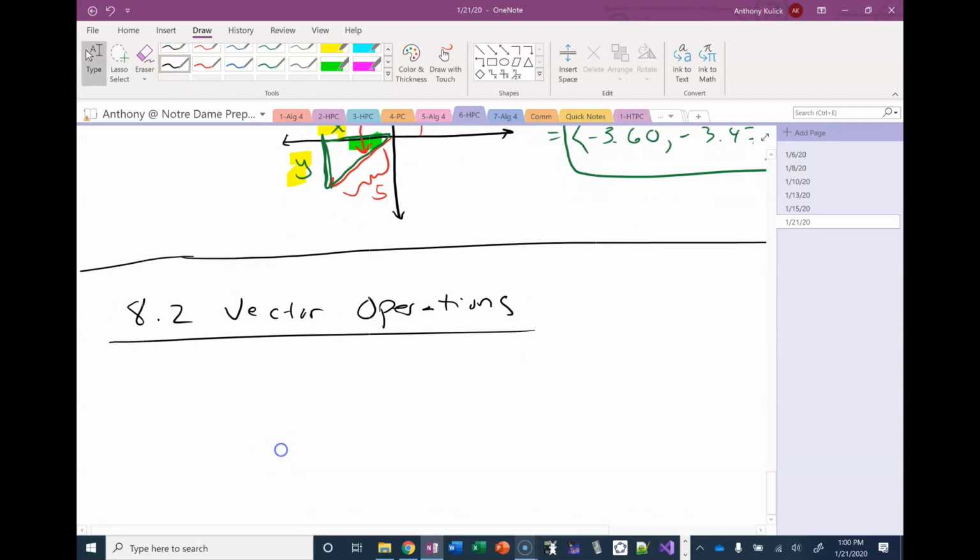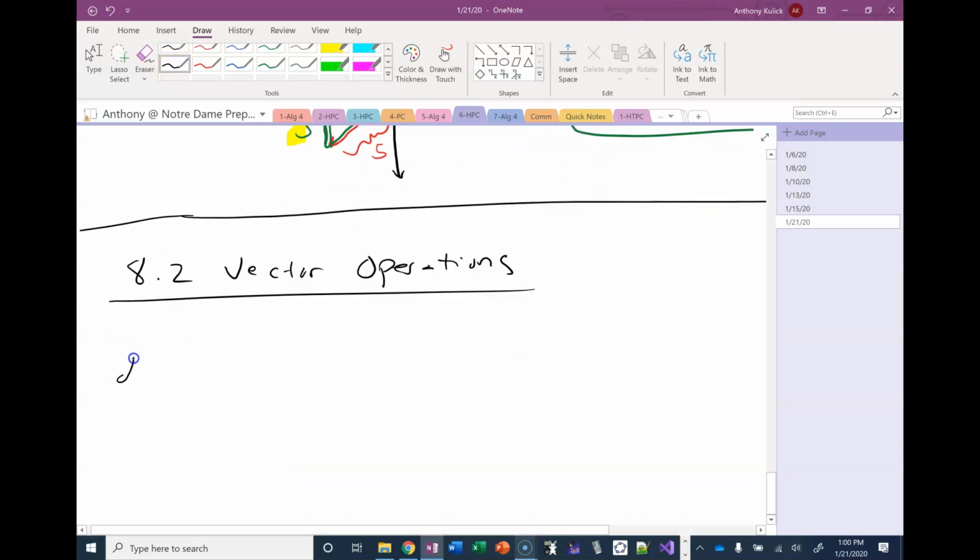But before we can get into any of those things, I need to define one very special vector. It's called the zero vector, which we denote as the number 0 with the vector hat on top of it, because the zero vector is not the same thing as the number 0.